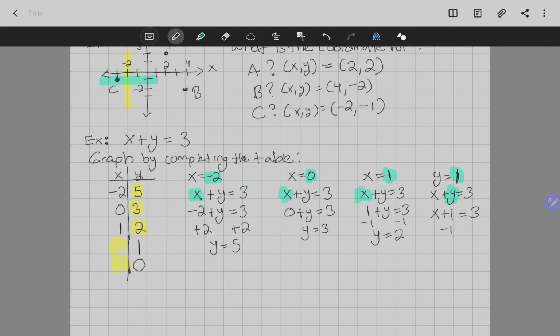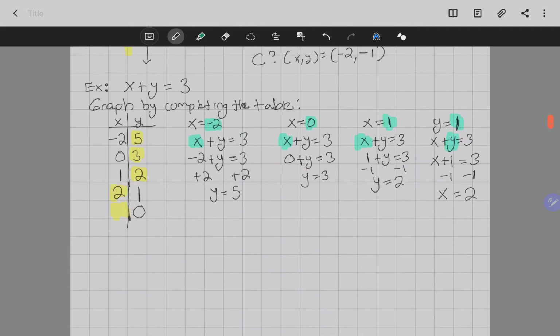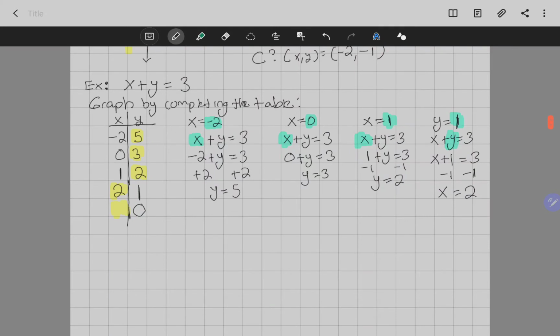Minus 1. Minus 1. X is equal to 2. So that's why I put the 2 right there. For the last one, this is y equals 0. So I'm going to replace it with the 0.